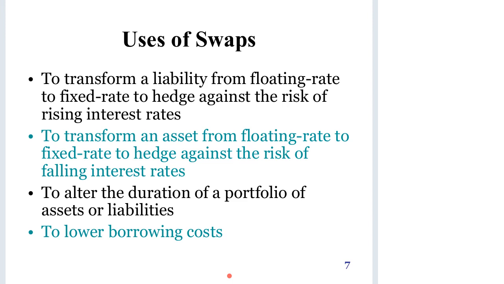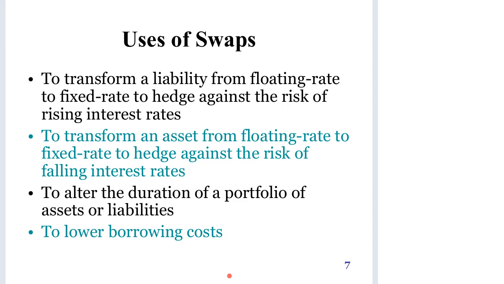Now, if I can do it for the liability, I can also do it for the asset. So if I believe that the interest rates will fall, this will be a mechanism for me to hedge, to change the nature of the asset from floating rate to fixed rate and therefore hedge against the risk of falling interest rates.